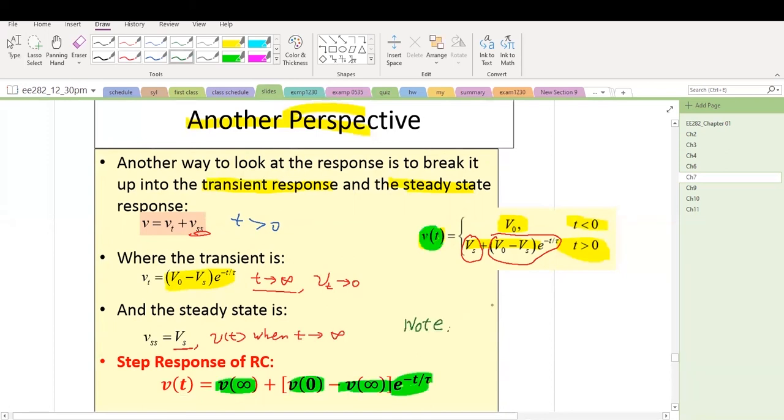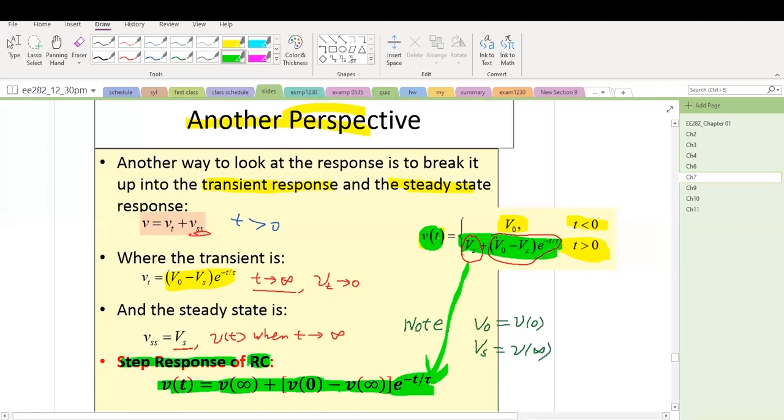Note that v0 equals v at time equals 0, and vs equals v at time equals infinity. So this can be written in this formula now. This is a general formula for the step response of an RC circuit.